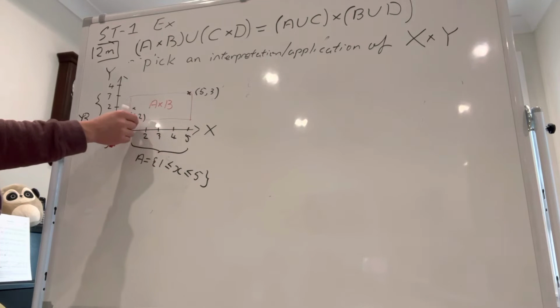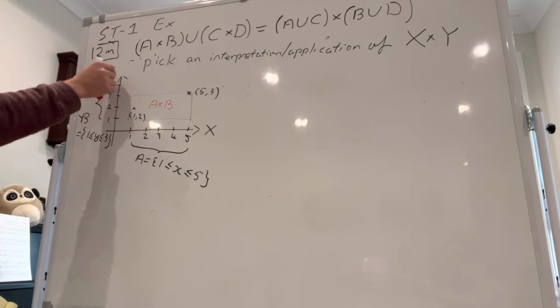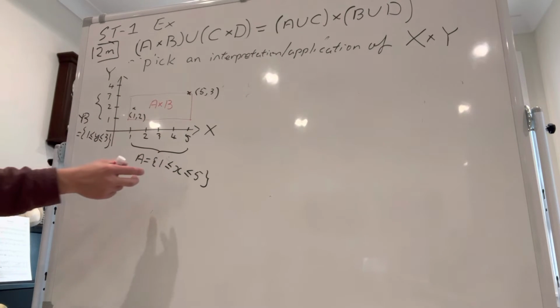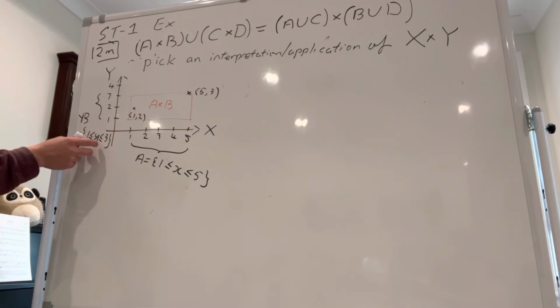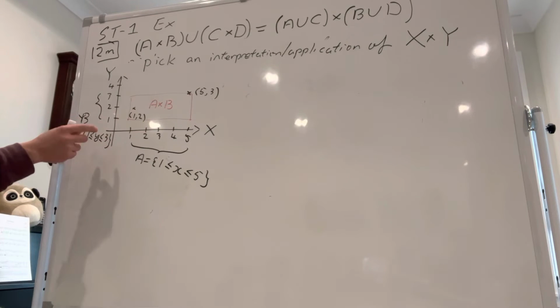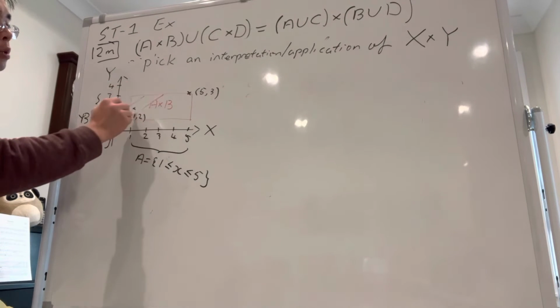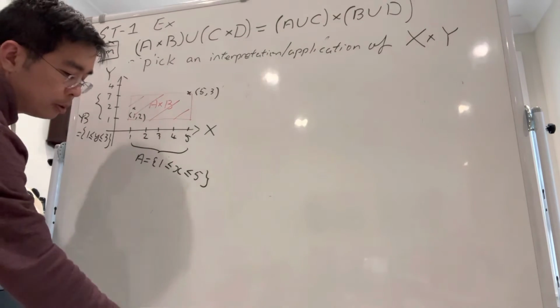Think of it as what row in a movie theater, and then y is which seat, 1, 2, 3, 4. Therefore, if you are taking every combination of the first position and then every combination of this set B in the second position, it's basically this rectangle. Okay. Now, with this, let's go back to how it helps us understand this.